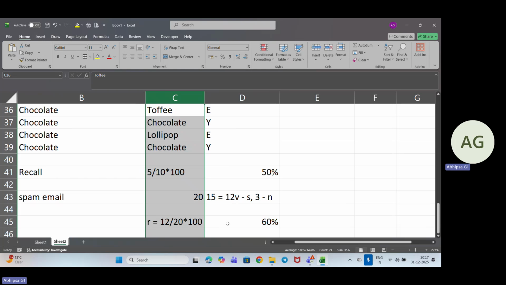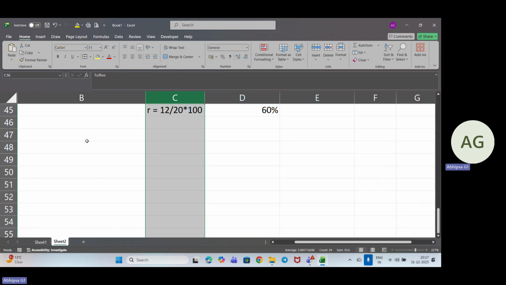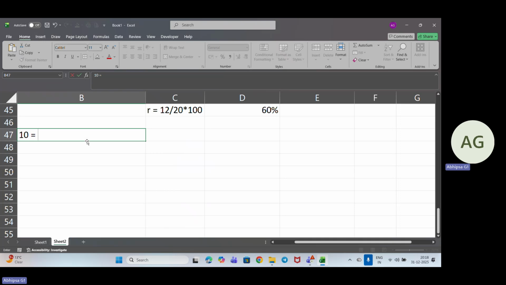Okay. Now suppose let's take an example. Suppose there are 10 hidden treasures in the forest. Okay. And the model finds 7 spots and digs them. Let's write it for easy understanding. 10 hidden treasures. Among these, the model found 7 spots.